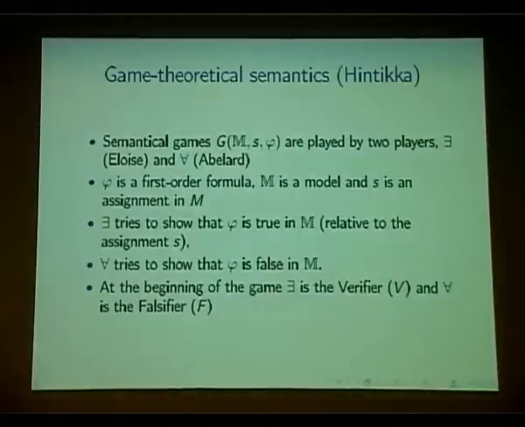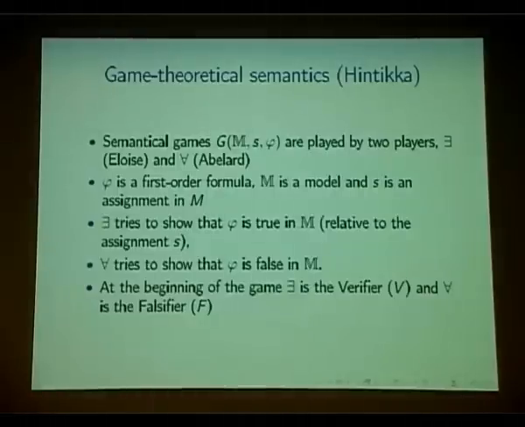We sometimes call them, following Hodges, Eloise and Abelard. Eloise tries to verify the sentence and show that phi is true, and Abelard tries to show that it is false. At the beginning of the game, Eloise is the verifying player and Abelard the falsifying one.